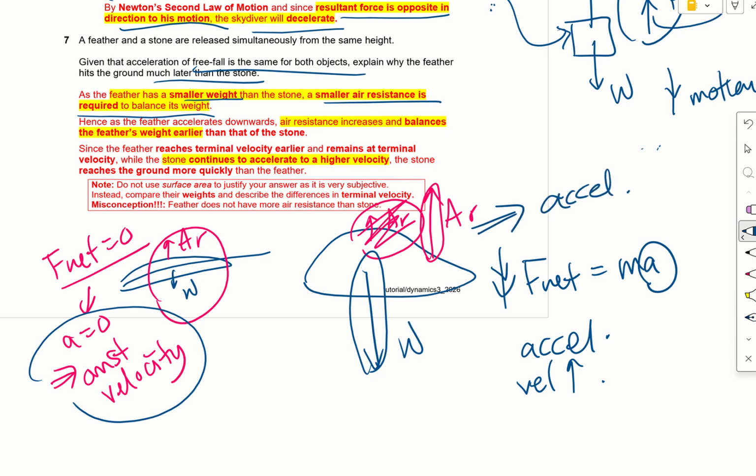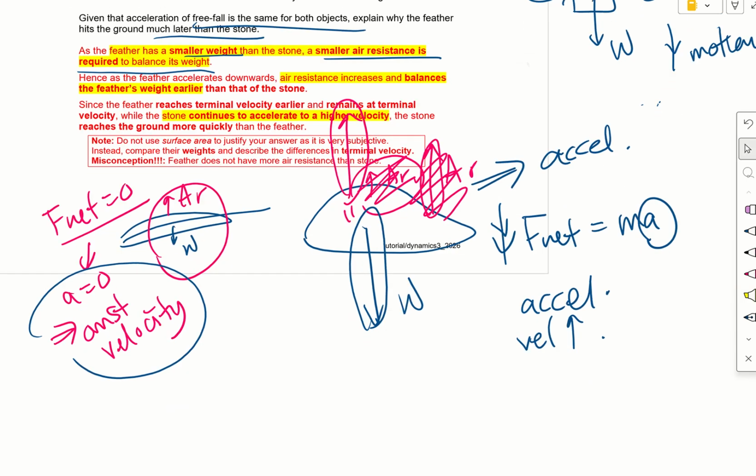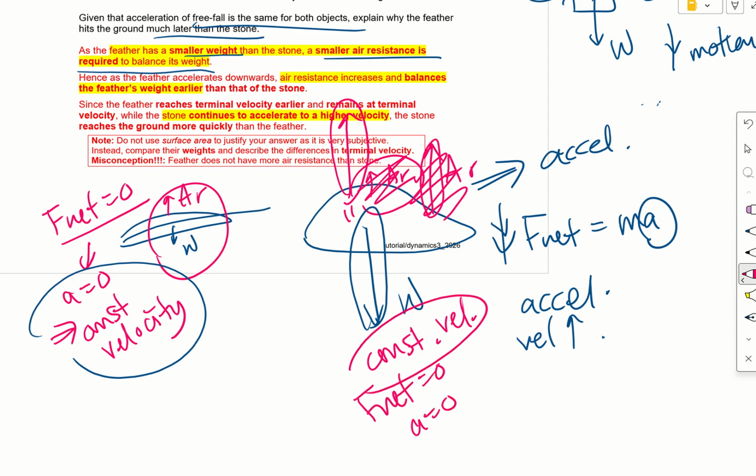So the story repeats until in the end, possibly if they are dropped from a high height, the air resistance will increase until it is equal and opposite to the weight. And then at that time, the stone will be traveling with constant velocity, right? Because at that moment, the F net is 0. So acceleration is 0, so it will move with constant velocity.